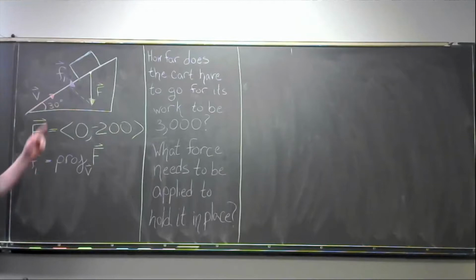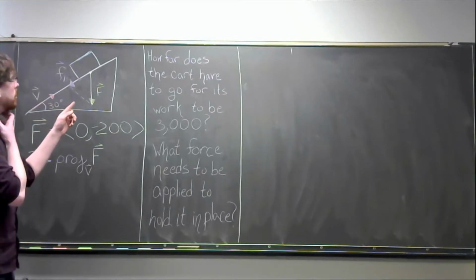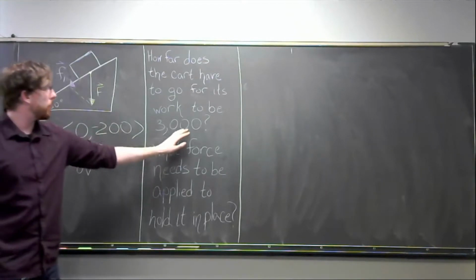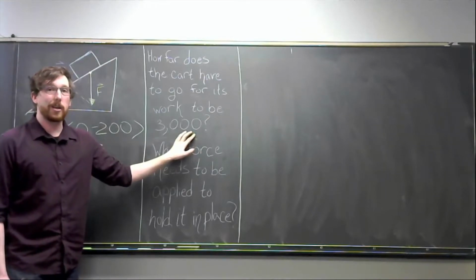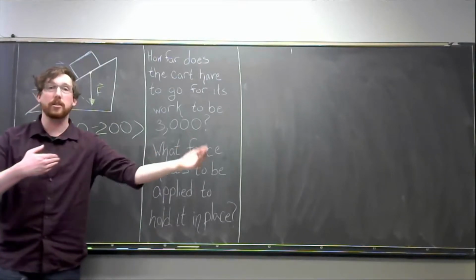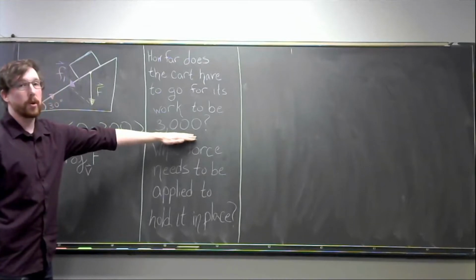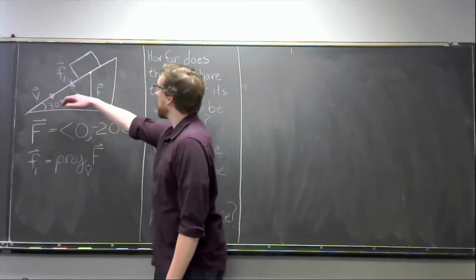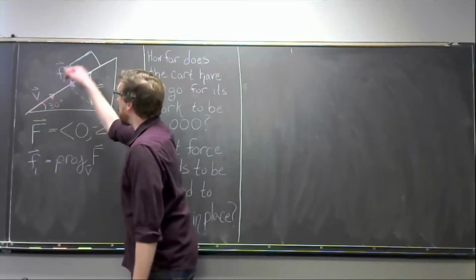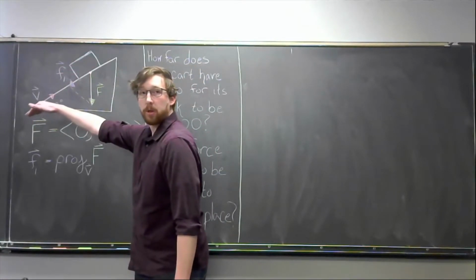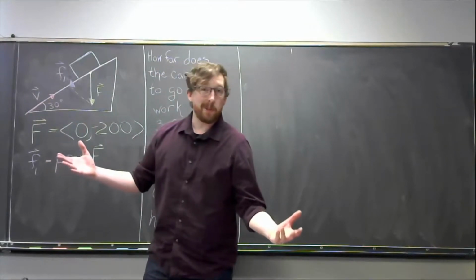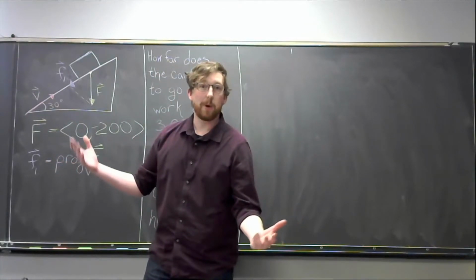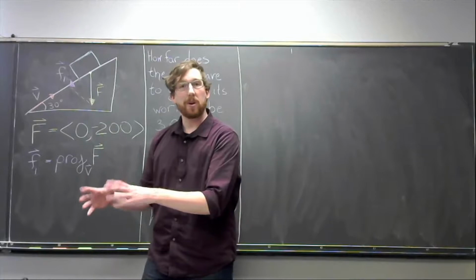So for the first part of this question, we need to find out how far it has to go in order for the work to be 3,000, right? Well, we know that the distance is going to be along V. So all we need to do is find the magnitude of that distance. We don't need to find the vector, we need to find the magnitude.